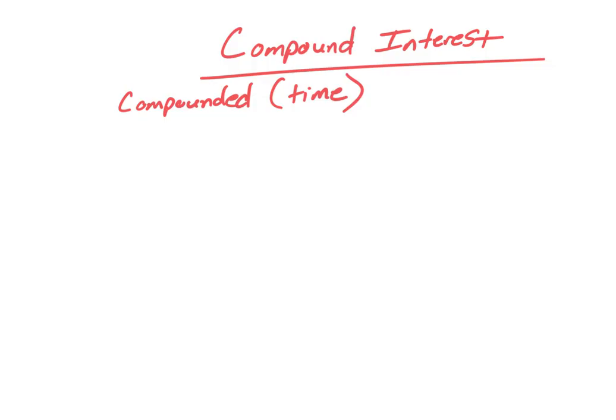The different types you might see would be monthly, quarterly, semi-annually, maybe annually. It's just how often do I earn interest based on the account that I have.